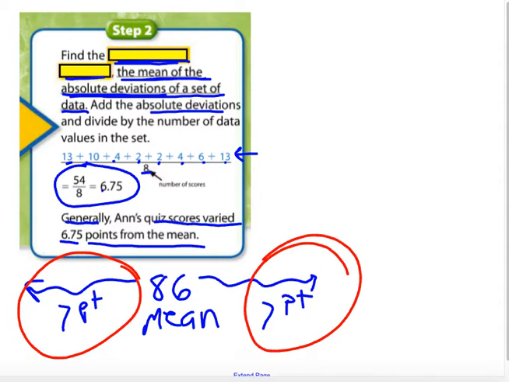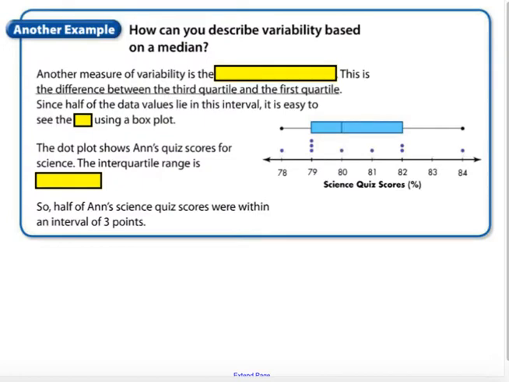So now we can talk about another number that we can use to determine how her scores vary. How can you describe variability based on median? Now we want to look at median as the point of varying. Another measure of variability is the interquartile range, or IQR.